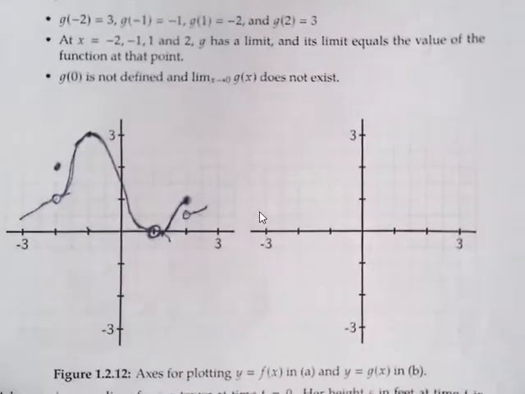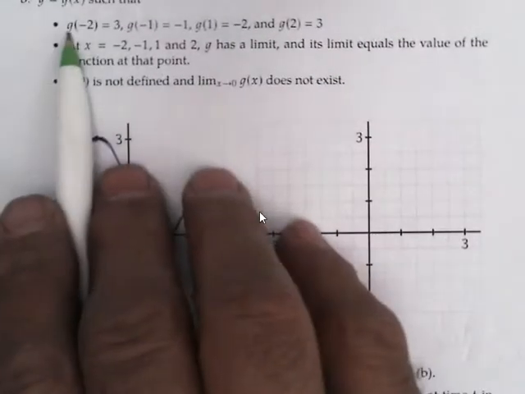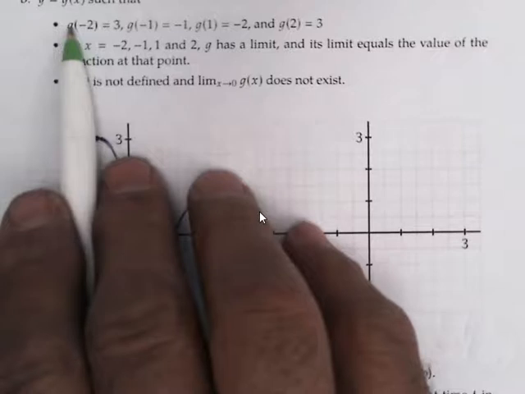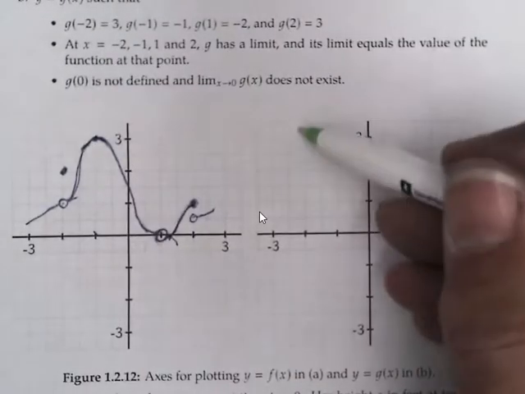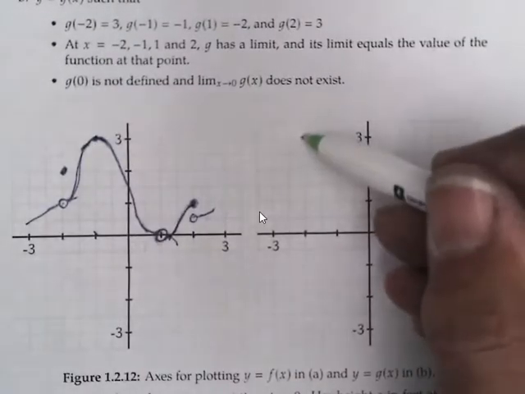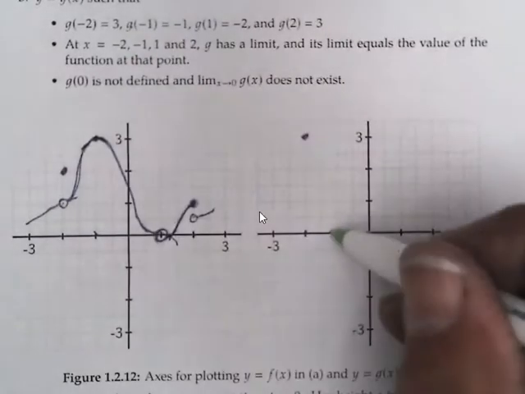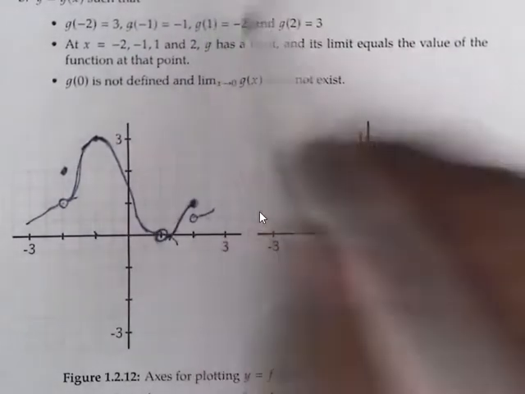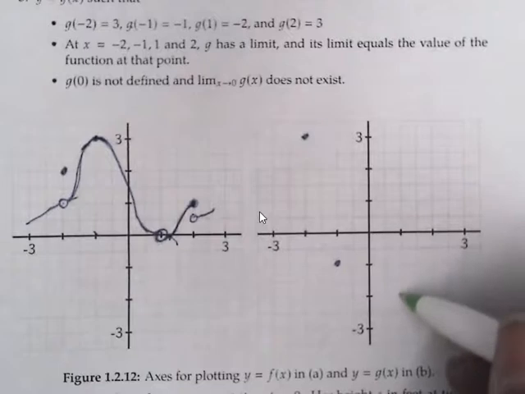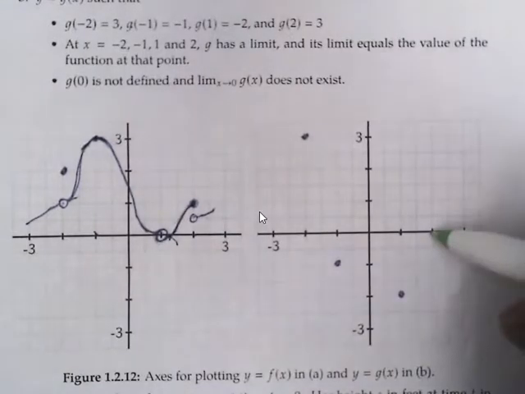And now pull this down over here, and we have to do it again. There's a point. The height of g at minus 2 is 3. The height at minus 1 is minus 1. The height at 1 is minus 2. The height at 2 is 3.